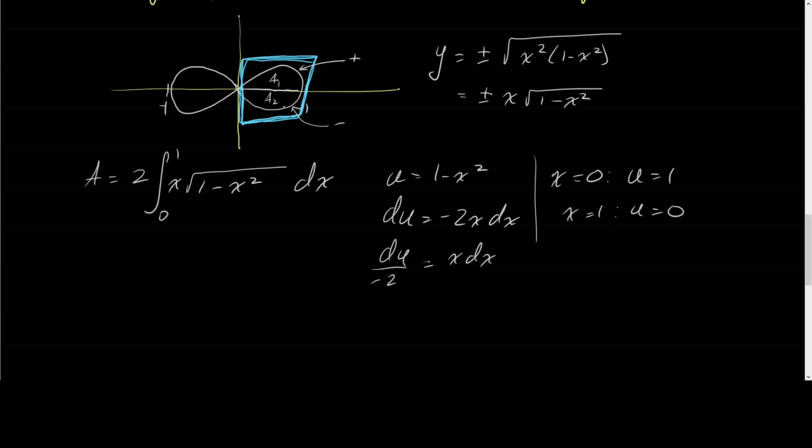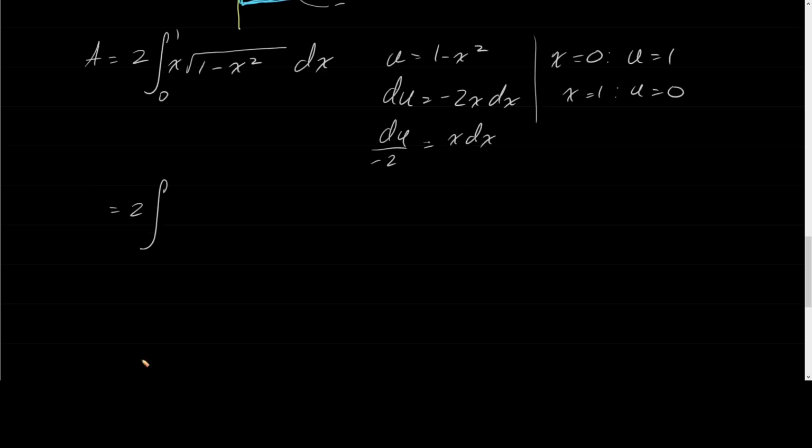All right, so now what do we get? Again, all I'm doing there was plugging this 0 and 1 into here to figure out the values of u. So I get now twice the integral, originally from 0 to 1, now from 1 to 0, of x dx, which was du over negative 2, and this 1 minus x squared was just u.